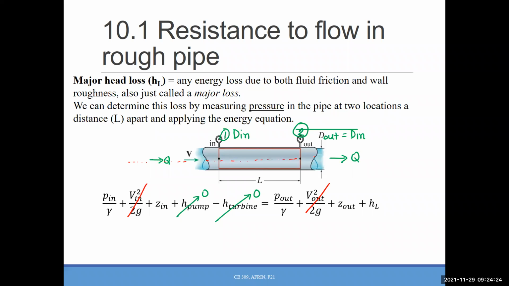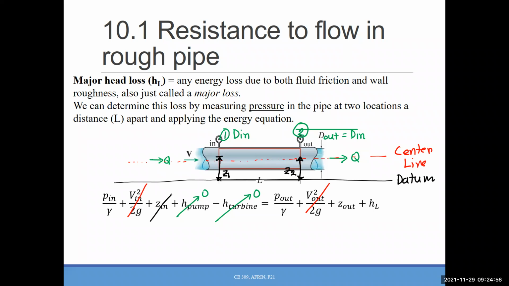Now, one more thing we need to consider. Let's identify the center line of this pipe, and maybe this is the datum. The datum is horizontal and the pipe is horizontal, so at any point we will have the same Z, the elevation head. So again, we can cancel Z in and Z out.